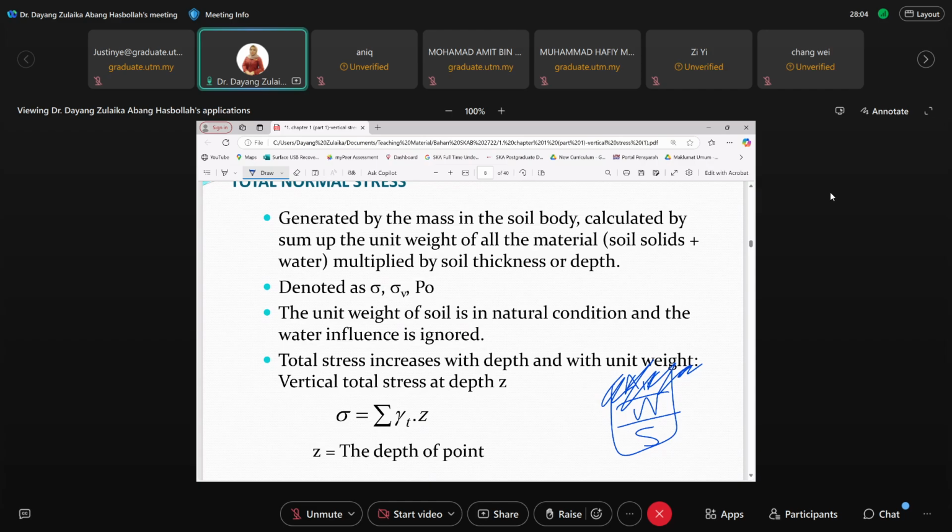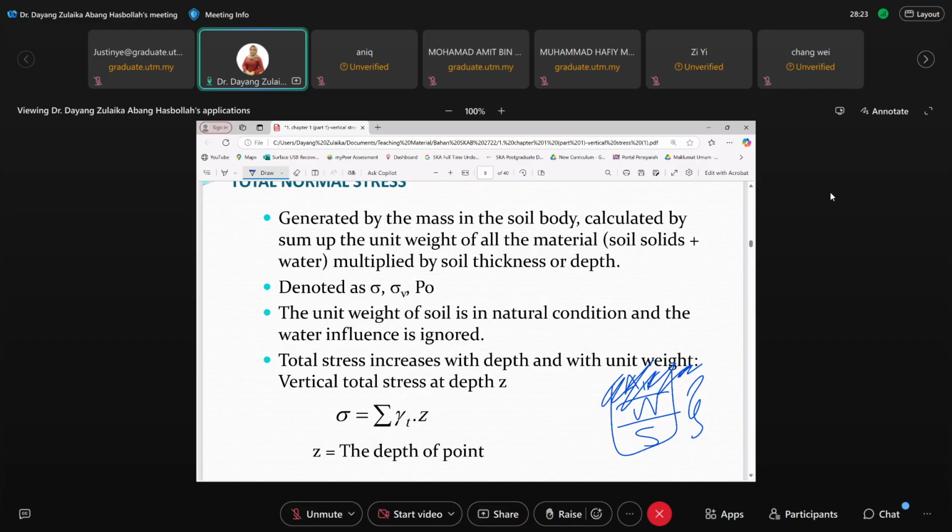All right. So total normal stress is generated by these two, solid and also water in the soil body. So how are you going to calculate that? Okay, let's take a look after this.